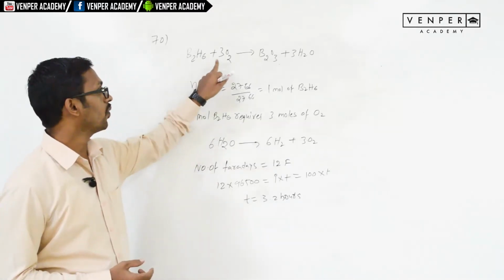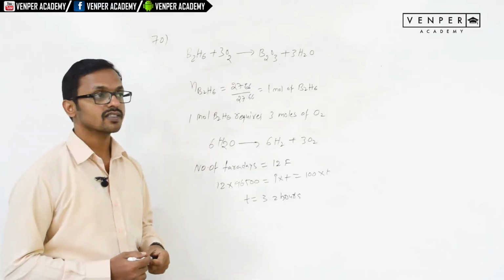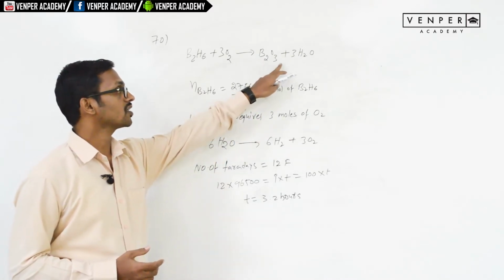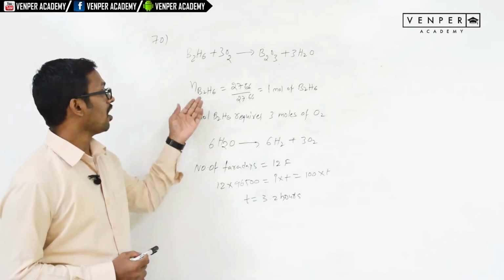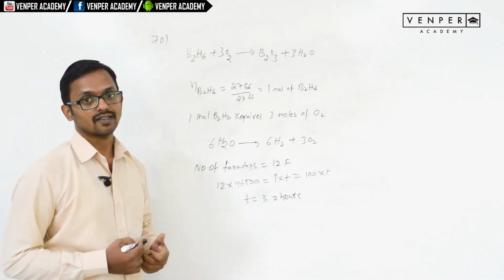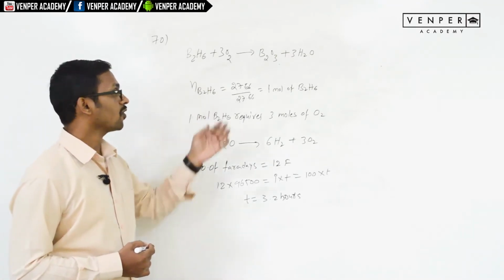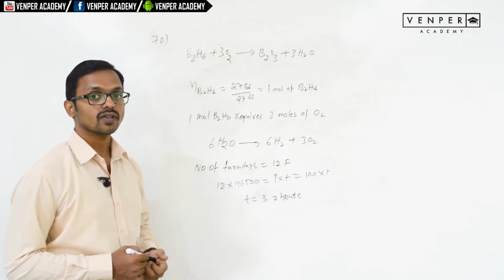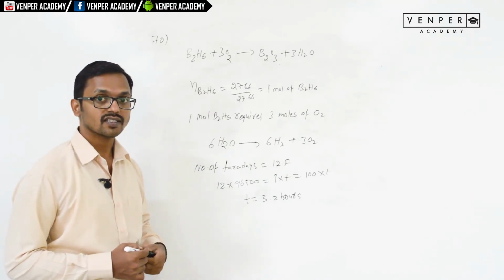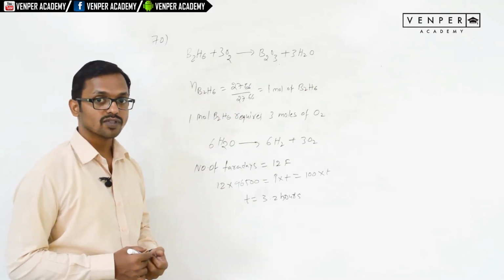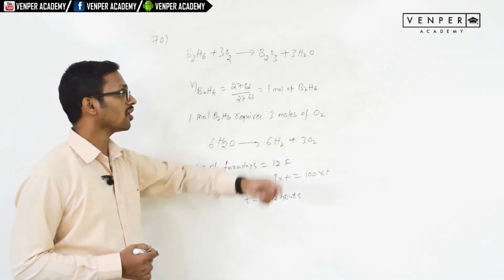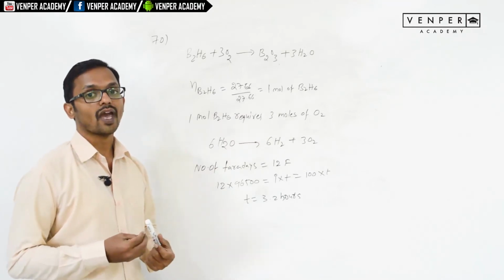Here diborane, when it reacts with 3 moles of oxygen, gives B2O3 plus 3 moles of H2O. Let's see how much diborane we are taking initially. The amount is given in the question, that is 27.66 grams, and its molecular weight is 27.66 grams. So we are getting 1 mole of B2H6 initially.